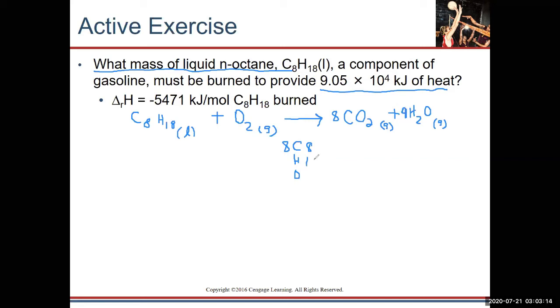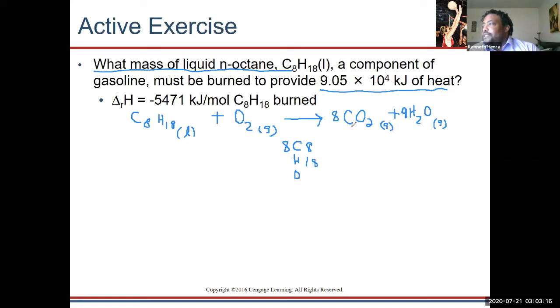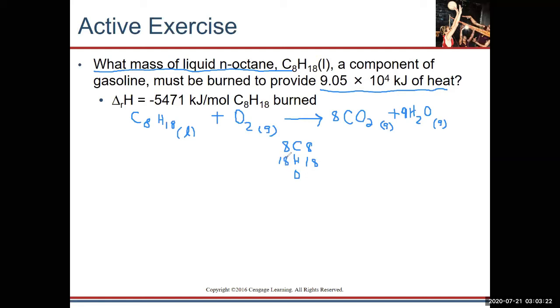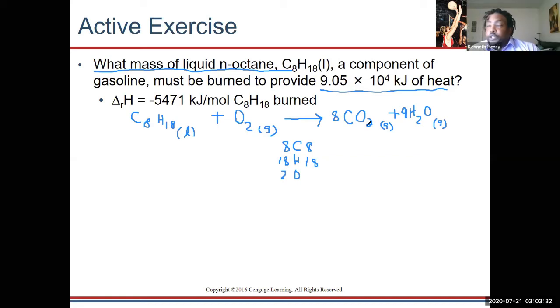Okay, oxygens. How many oxygens is that? It's 8 times 2. Oh, 16.